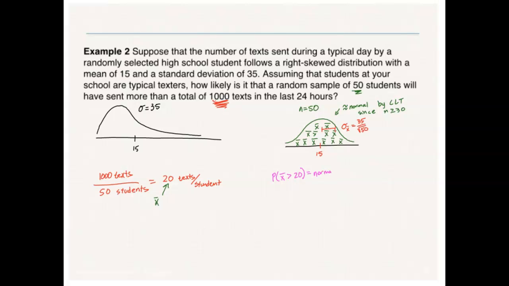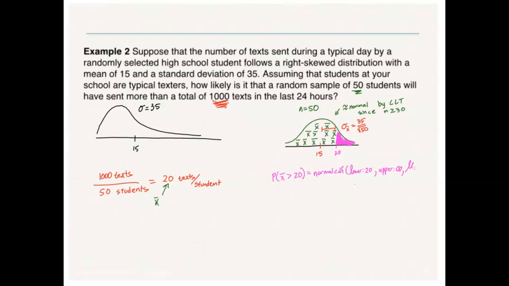And since I've already stated that this is going to be a normal sampling distribution of sample means, we can set it up this way. So normal CDF, I'm looking for 20, which is going to be somewhere over here to the right of 15, and I'm looking for that area. So my lower bound is 20. My upper bound is infinity.